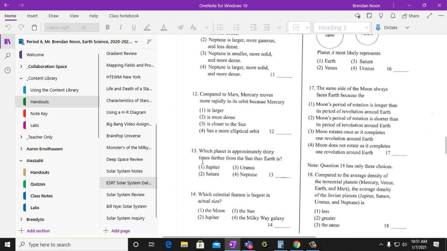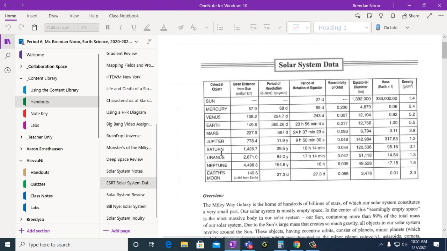Which planet is approximately 30 times farther from the sun than Earth is? All right, so what we have to do is we have to take our calculator. We have to find out distance of Earth from the sun. All right, that was our first question. 20 times was Uranus. So 30 times, oh, well, there's only one planet left anyways.